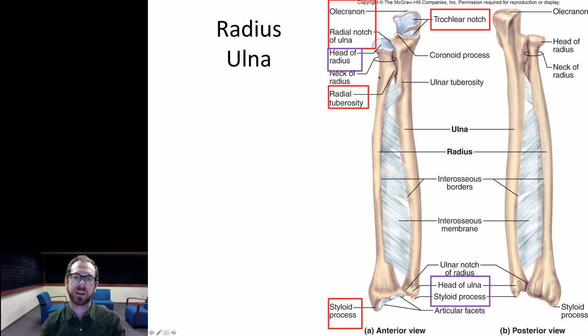And then the radial tuberosity on the radius, and this tells us the anterior side of the radius. Now, if we put all of this together, remember that the ulna is going to be the medial bone in your forearm. The radius is going to be the lateral bone in your forearm. We know that this is a right radius and ulna.